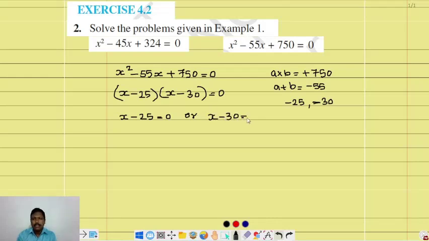If you do it using splitting the middle term also you will get the same. Anyway, from here you will get x is equal to 25 or x is equal to 30. So the values of x are 25 or 30.